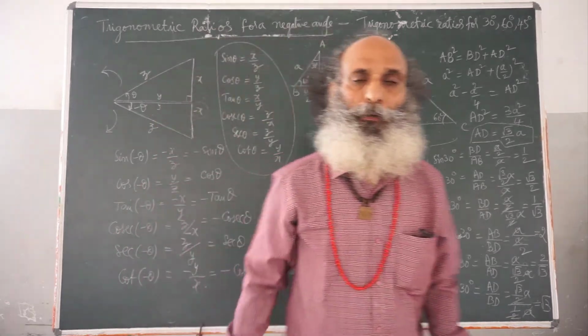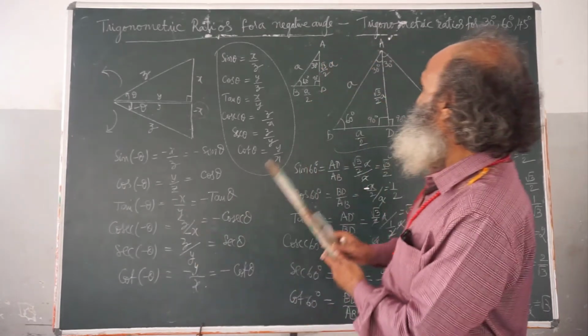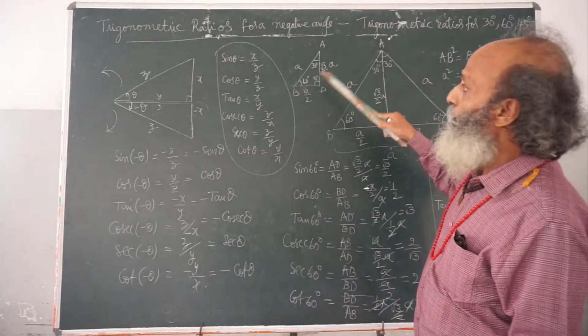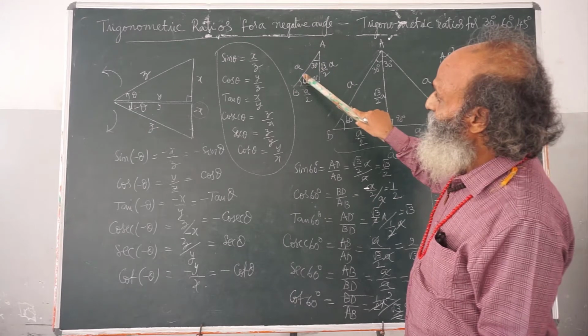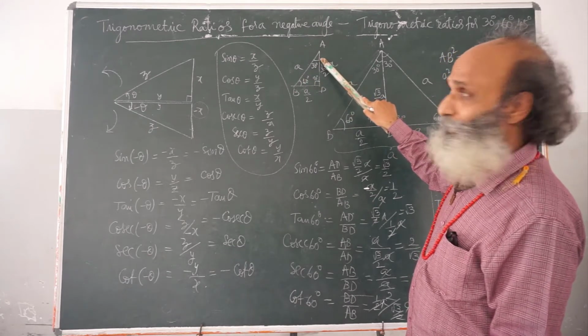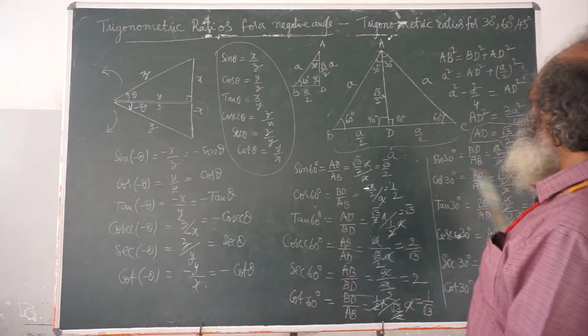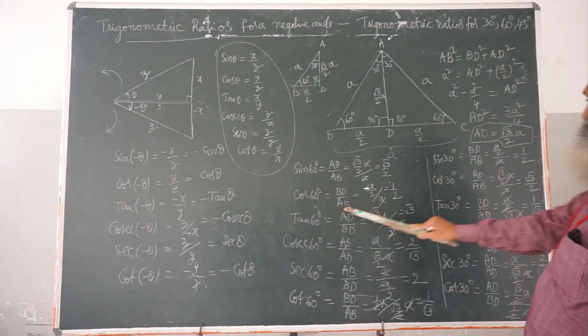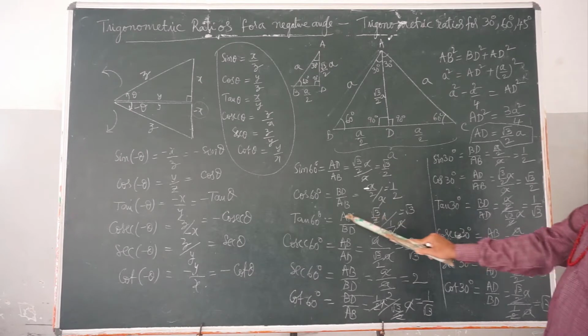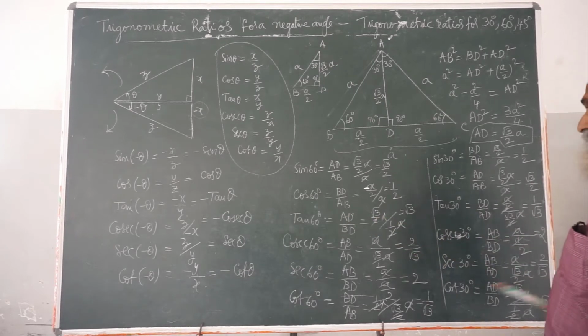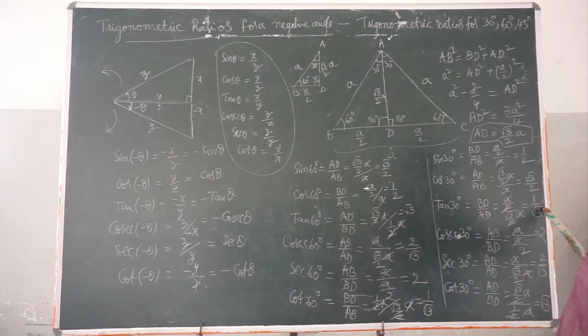Here I want you to remember the 30 degree values. Just remember the past. When I say this is theta, this is 90 minus theta. So sin 90 minus theta is cos theta. Sin 60 is cos 30. Cos 60 is sin 30. Tan 60 is cot 30. Cot 60 is tan 30.